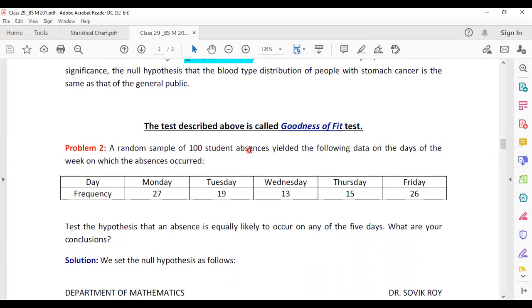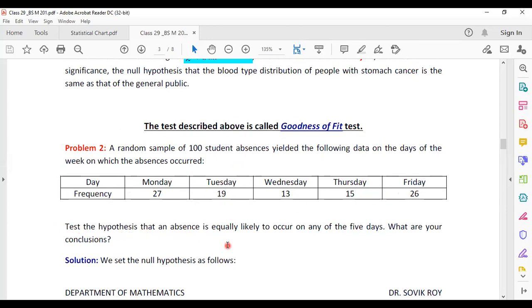A random sample of 100 students has been taken into consideration, and the observed frequencies are given as follows. If you add these numbers, you will get the value 100. All these frequencies have been taken from some sort of observation, and therefore these are observed frequencies.